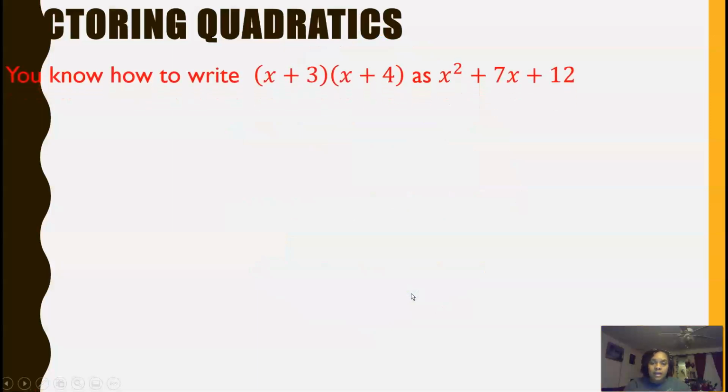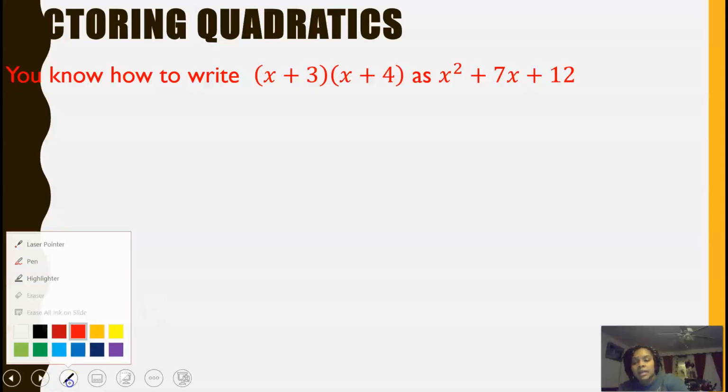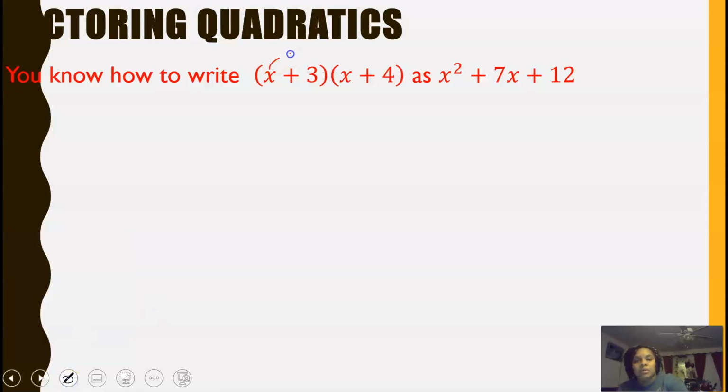You know how to write x plus 3 times x plus 4 as x squared plus 7x plus 12. For those of you who don't understand how that goes, it's basically saying that we do what we would do in any parentheses: distribute our numbers. So you have x squared plus 4x plus 3x plus 12.